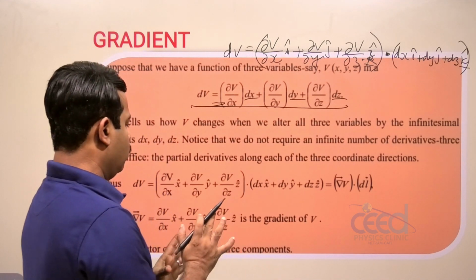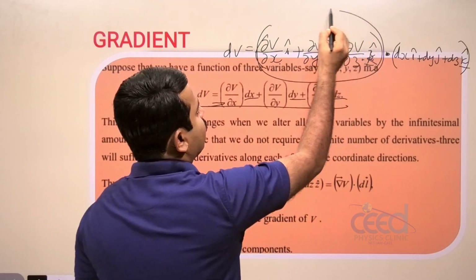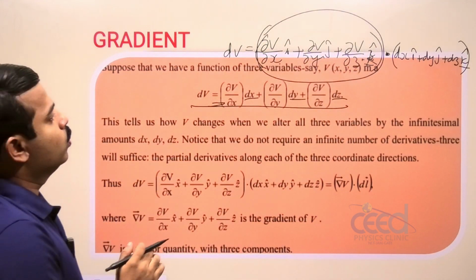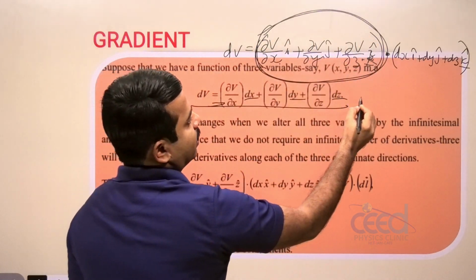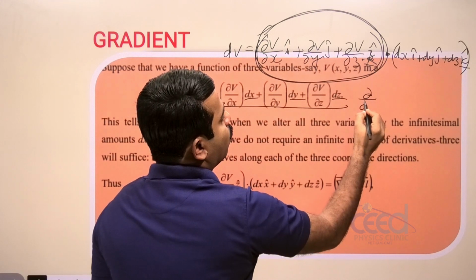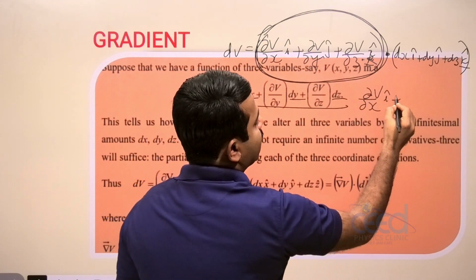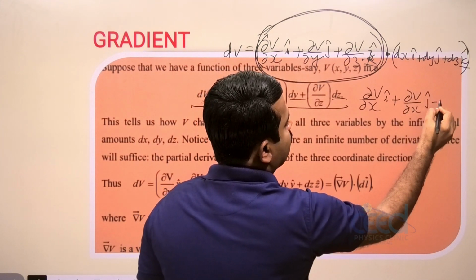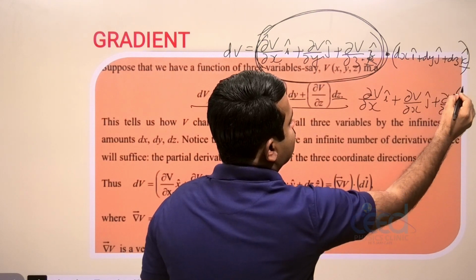Now I am extracting this particular part. This I can write as dou v by dou x i cap plus dou v by dou y j cap plus dou v by dou z k cap.